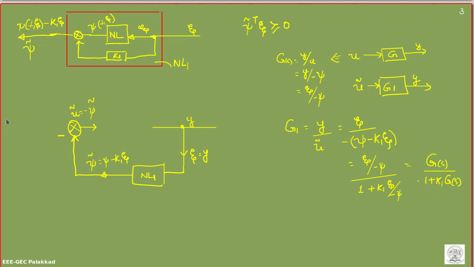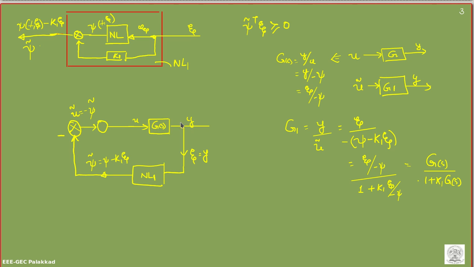So how do I rearrange the system? For this system, in order to get the actual y, if I had gs here, gs is the system that we have, then this is u. If u is given to gs, I should definitely get a y.